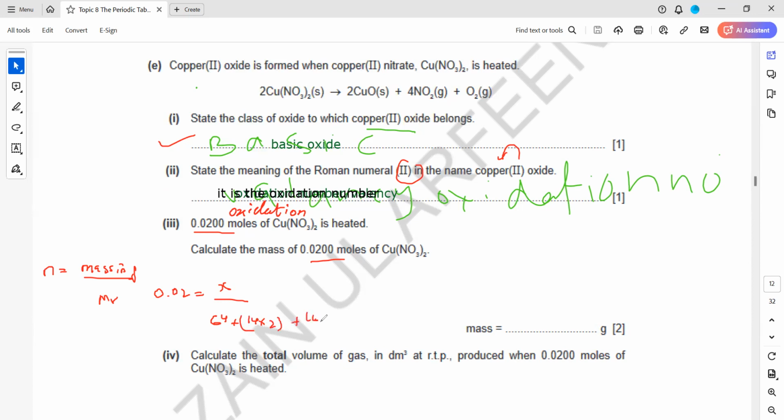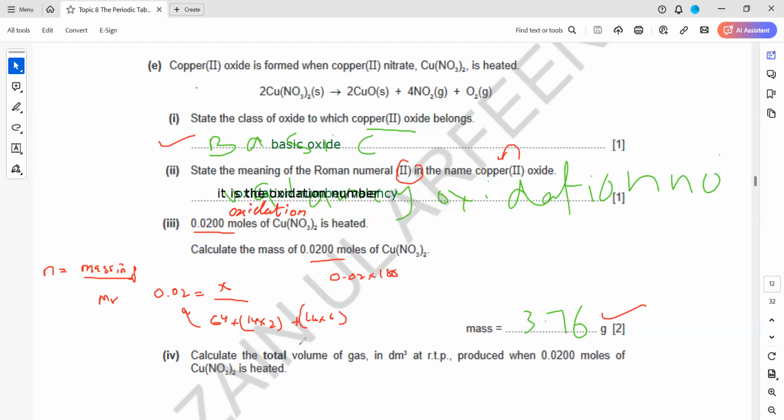And oxygen is 16 multiplied by 3 multiplied by 2, which is 6. So 16 times 6 makes 96. 96 plus 28 makes 124. And 124 plus 64 makes 188. Then 0.02 times 188 gives the mass in grams, which is 3.76.